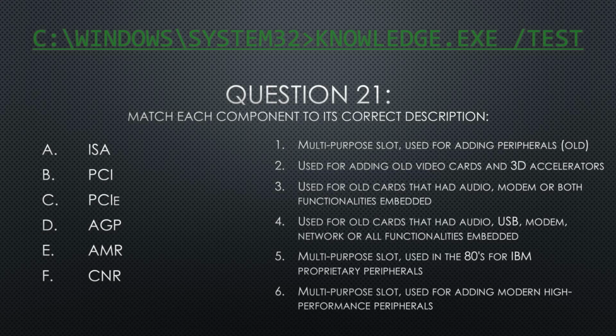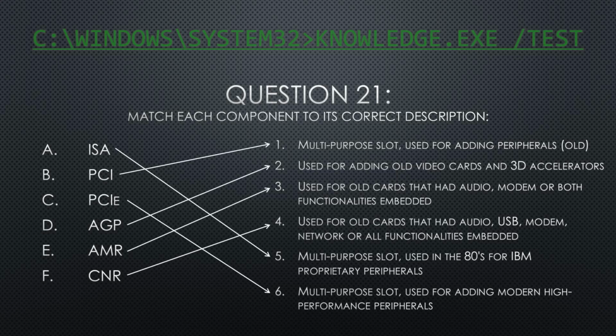Question number 21. Match each component to its correct description. So ISA is a multi-purpose slot used in the 80s for IBM proprietary peripherals. PCI is a multi-purpose slot used for adding peripherals. This is an old standard. PCIe is a multi-purpose slot used for adding modern high-performance peripherals.